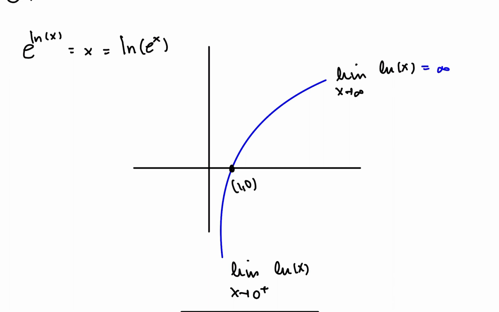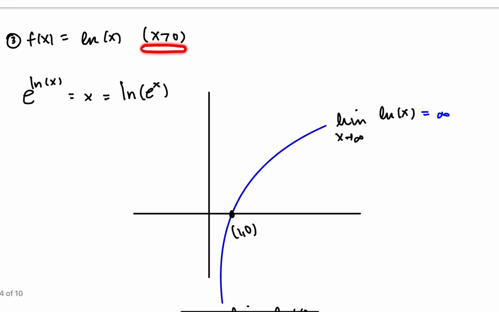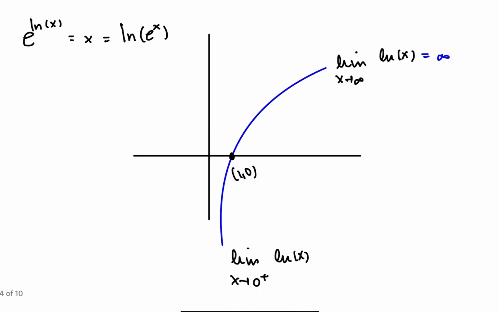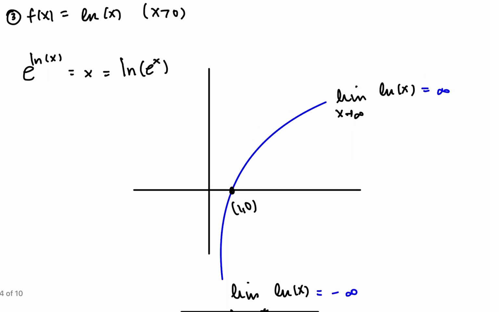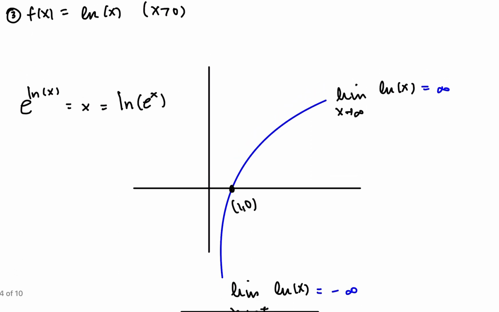And the limit as x goes to 0 from the right, and notice that the domain of the natural log is 0, not included, all the way to infinity, is negative infinity. So in this case, x equal to 0 follows the definition of a vertical asymptote. So it has a vertical asymptote at x equals 0.